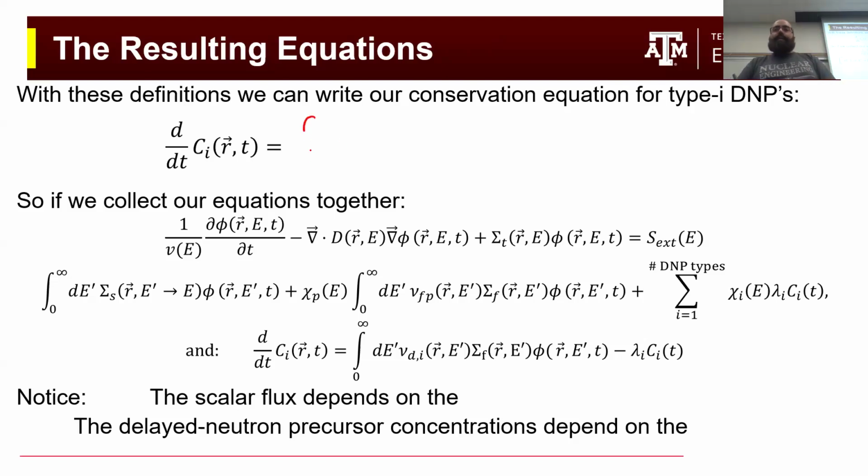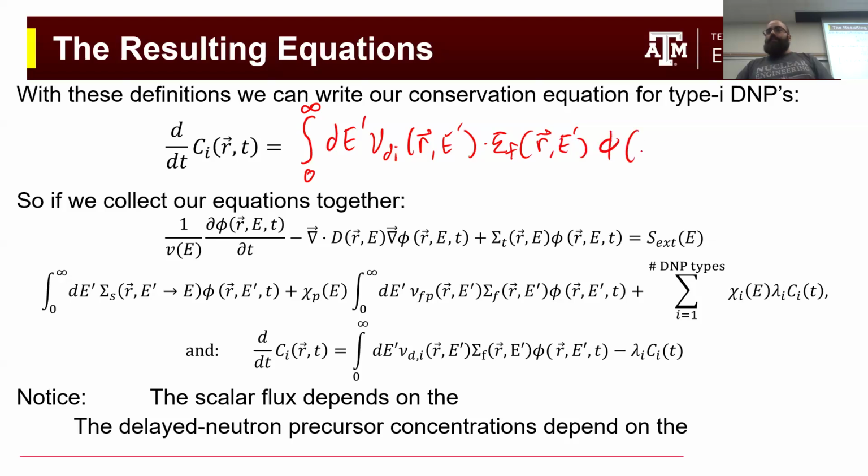In this case, the gain rate is going to be the integral from 0 to infinity with respect to dE prime of that new nu d i, which depends on the energy of the neutrons that are causing that fission. And sorry, this should be a function of r and E prime, times sigma F as a function of r and E prime, times the flux that depends on position, E prime, and time.